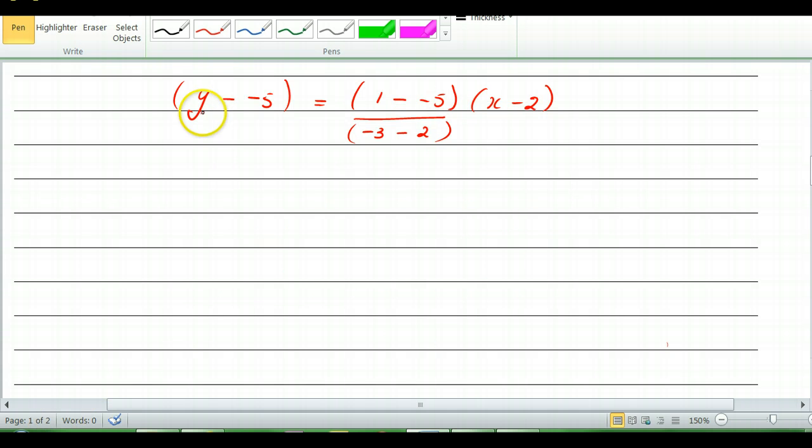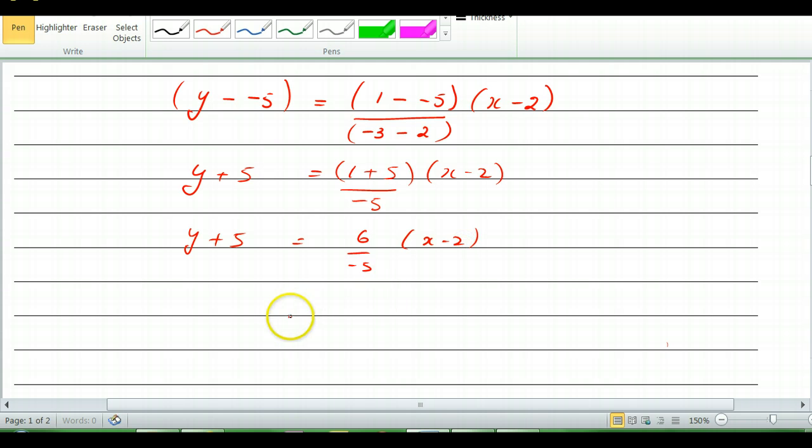Now simplifying that down, y minus negative 5 will be equal to y plus 5. 1 take negative 5 is 1 plus 5, and negative 3 take 2 is negative 5. So you have y plus 5 equals 6 on negative 5, x minus 2.